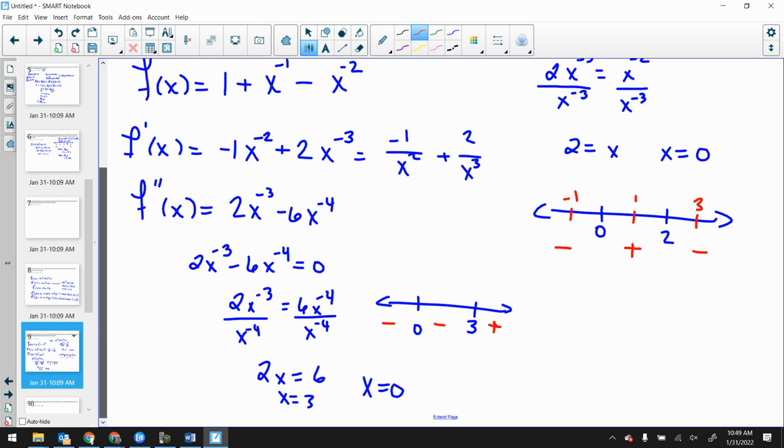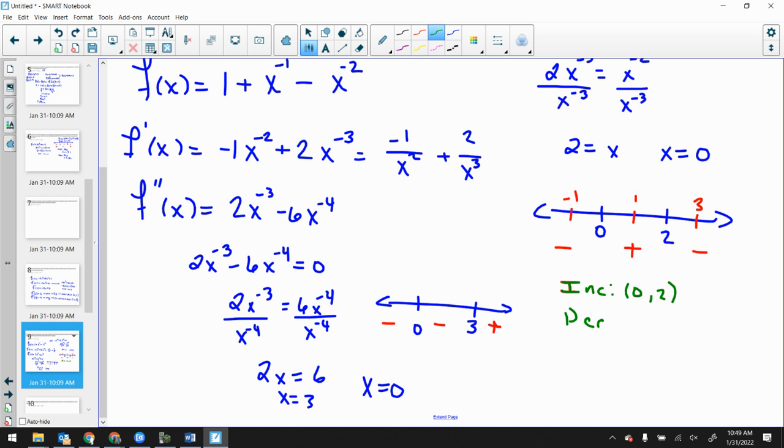So let's go through each piece that it asks me. Well, it asks me to do the intervals of concavity, increase, decrease. So I'm going to put all the answers in green. So this is increasing. Where? From 0 to 2.